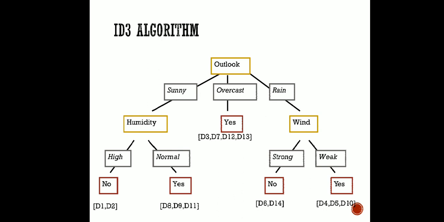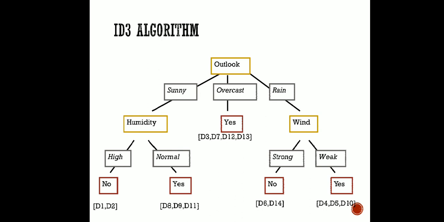I have kept the remaining part as homework for you. After rain, you are left with the other attributes, temperature and wind. If you tally the information gain of wind with respect to rain and the information gain of temperature with respect to rain, you will see that the information gain of wind is higher.